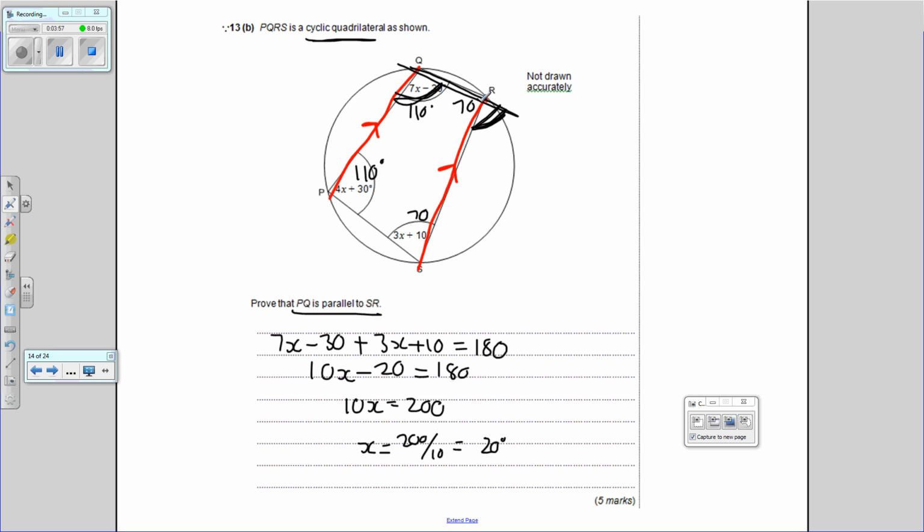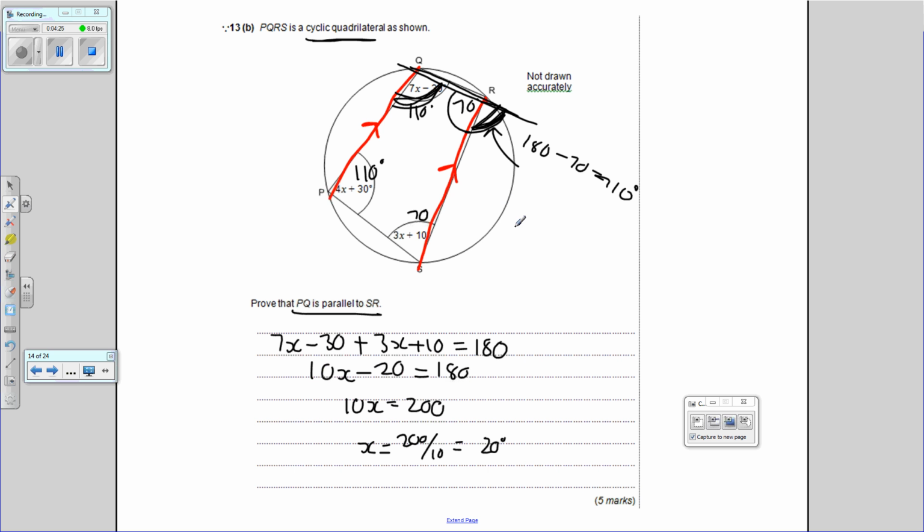It's corresponding angles. It's a bit like F angles as well. If these two are parallel, the angle to the right of the parallel line must be equal to the angle to the right of this parallel line. Now, if we work that out, hopefully we can show that it's equal to that. This is angles on a straight line here. So 180 minus 70 equals 110. So that's 110, which is the same as that.